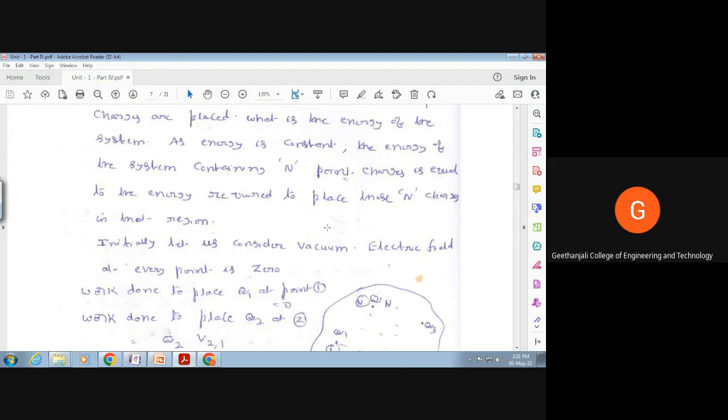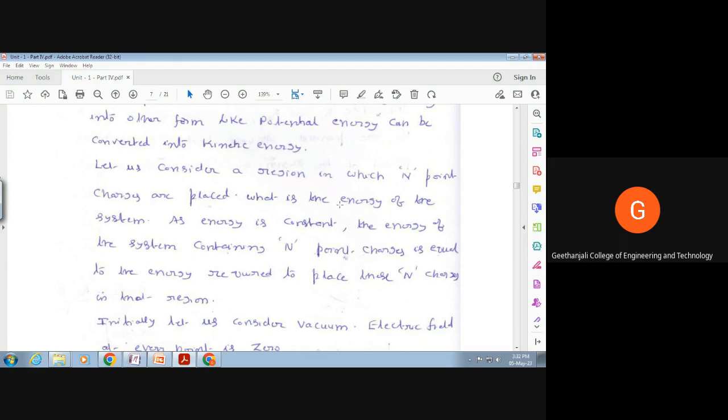In order to obtain an expression for the energy of the system containing n number of point charges, let us consider the law of conservation of energy. According to the law of conservation of energy, energy can neither be created nor destroyed, but it is always possible to transform one form of energy into another form.